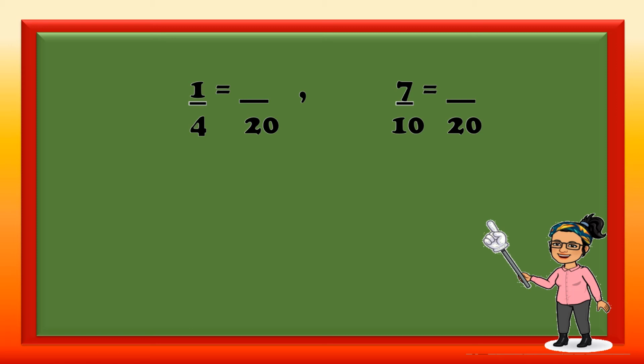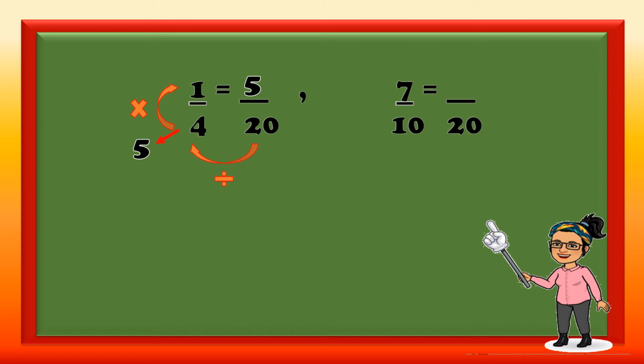To get the new numerator, again, we simply divide and then multiply. 20 divided by 4, we get 5. And then 5 times 1, we get 5.